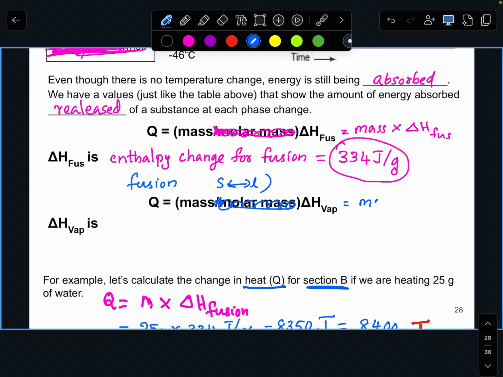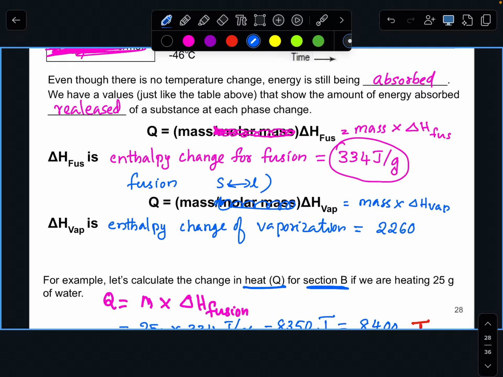So the equation is mass times enthalpy change of vaporization, where delta H of vap is the enthalpy change of vaporization, and it has a value given on your formula sheet, which is 2260 joule per gram.